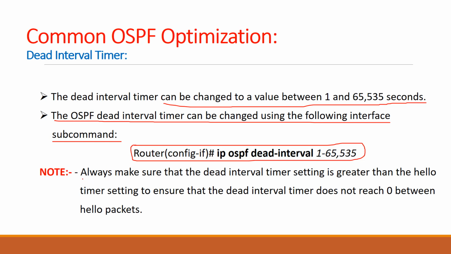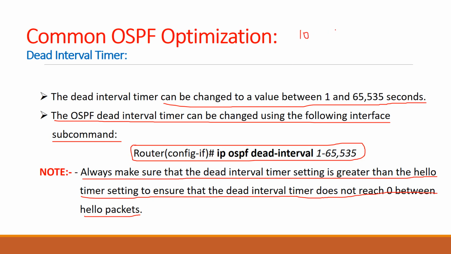Note here, always make sure that the dead interval timer setting is greater than the hello timer setting by logic to ensure that the dead interval timer does not reach 0 between hello packets. If, for example, the hello timer is 10 and the dead timer interval is 5 seconds, before sending the hello, the router will be considered as down because it didn't receive hello before this goes to 0.